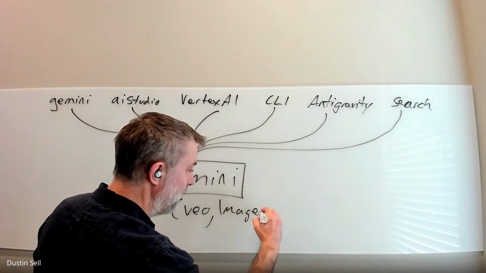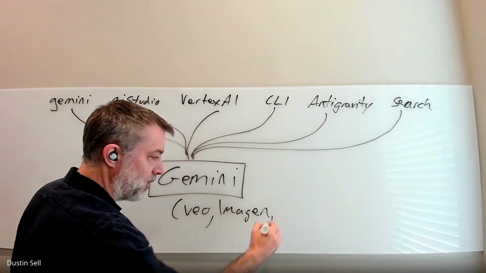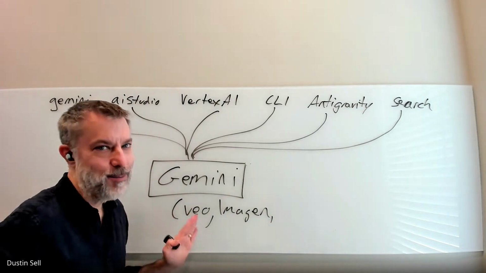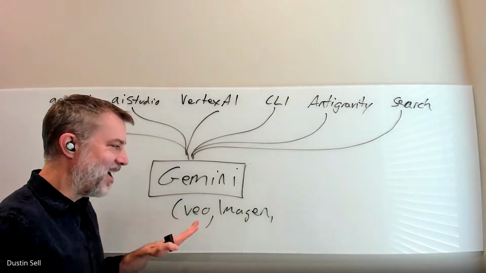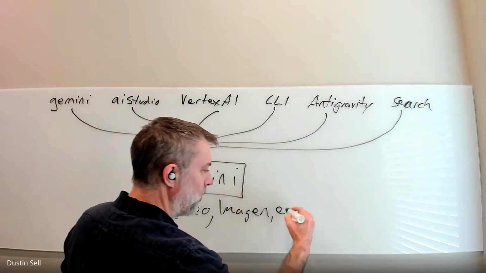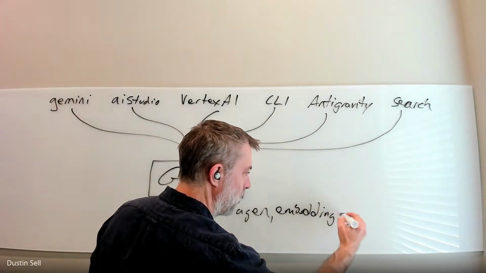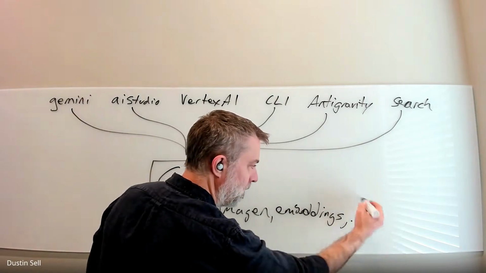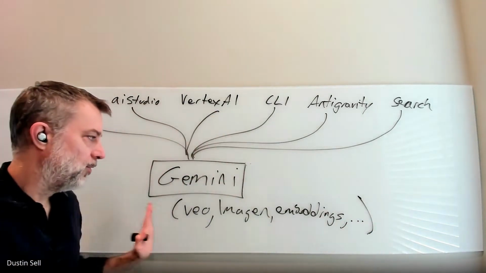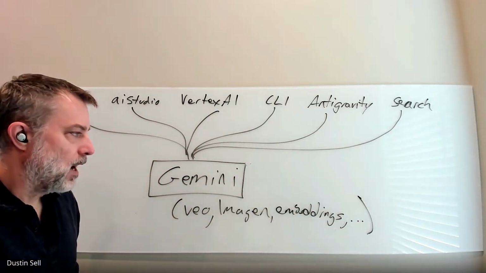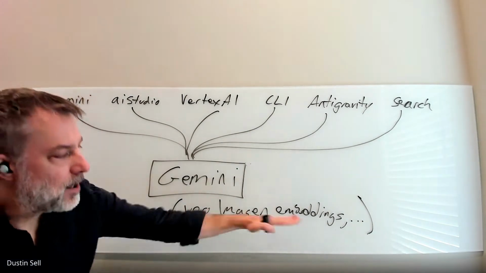There's Imagen for generating images. And there's also Nano Banana, and we'll talk about that in a second. But then we also have embeddings models. So if you wanted to create your own embeddings, and there's many of those that you can also leverage, and many other models.